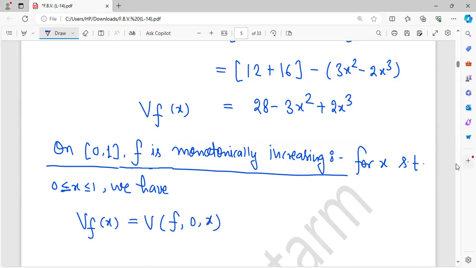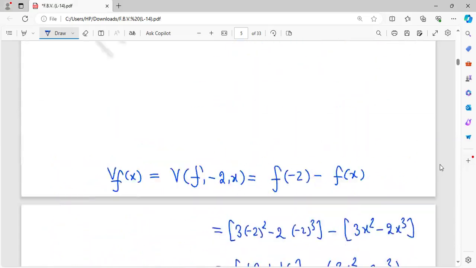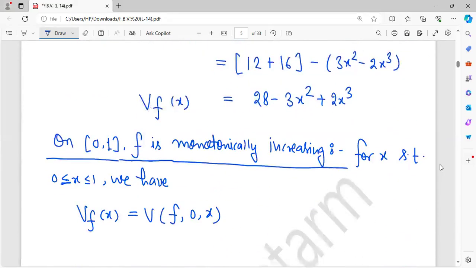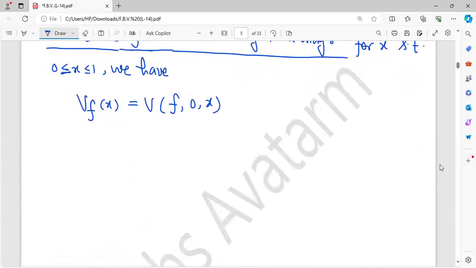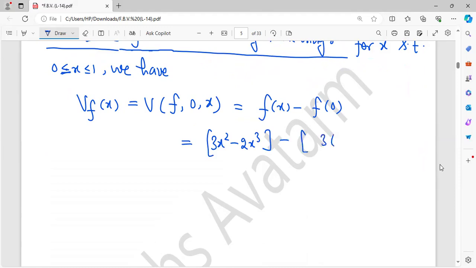But the function is monotonically increasing, so we write the final point minus the initial point. This is 3x squared minus 2x cubed minus (3 times 0 squared minus 2 times 0 cubed).